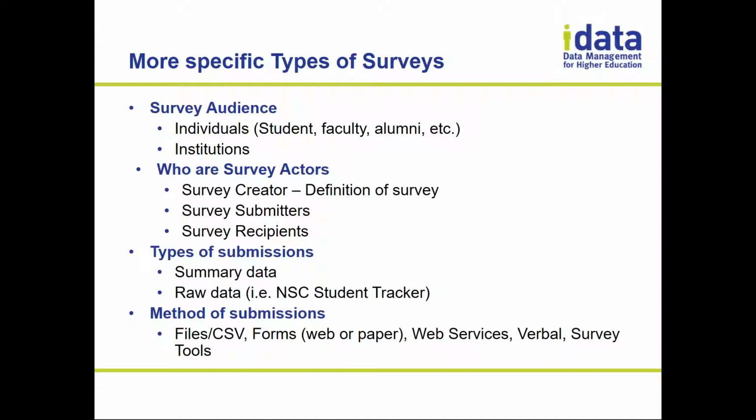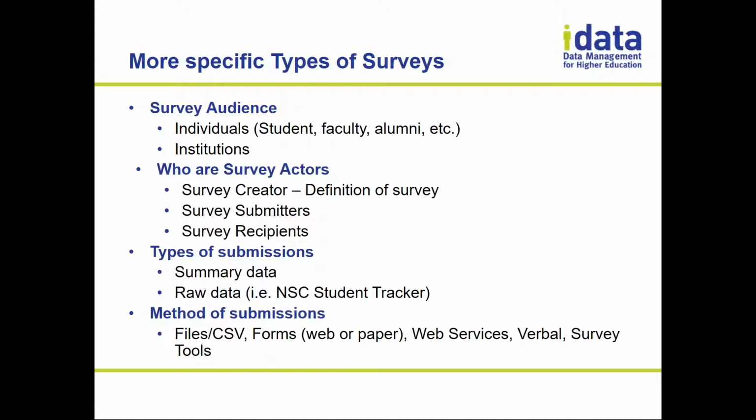Or raw data, where you're sending unit information up to people, like Student Tracker: here are all of my enrollments and my graduates, right? Raw data is when people start thinking a little less about calling them surveys and more like data feeds, but it's serving similar results. So those are the two different types of survey submissions.